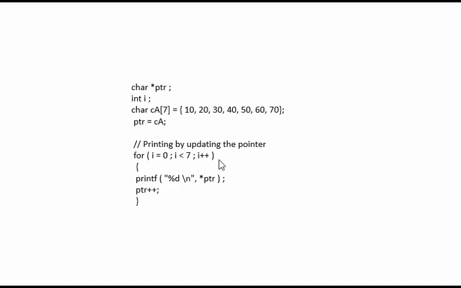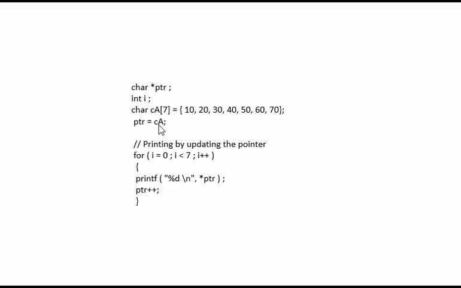Here I'm printing the values, updating my pointer. Star pointer will get me the content, pointer plus plus, right? So it prints each and every array element, updating my pointer itself. Initially the pointer was pointing at the first location. As you keep doing plus plus, the pointer gets updated every time.